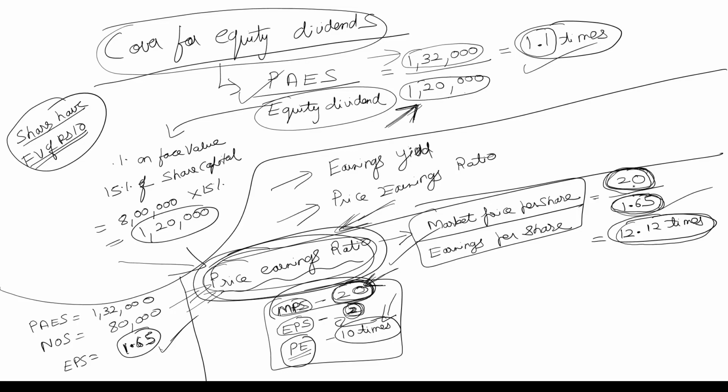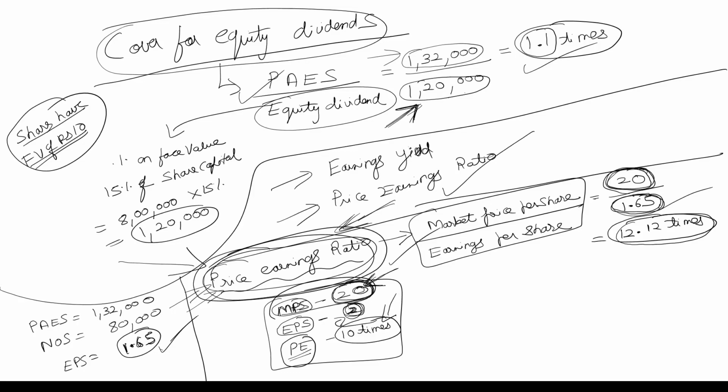So that's how we understand the price to earnings ratio. There are a lot of applications of it, but at this stage I'm not getting into them, just giving you the high level meaning. This is one part that we have to look into.